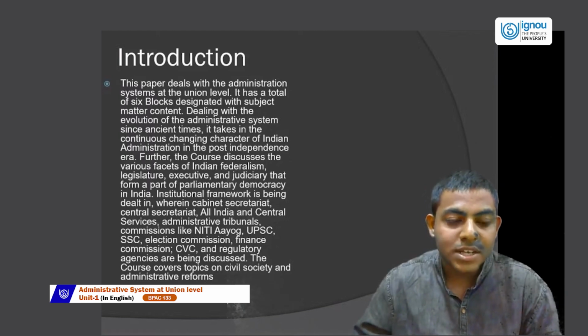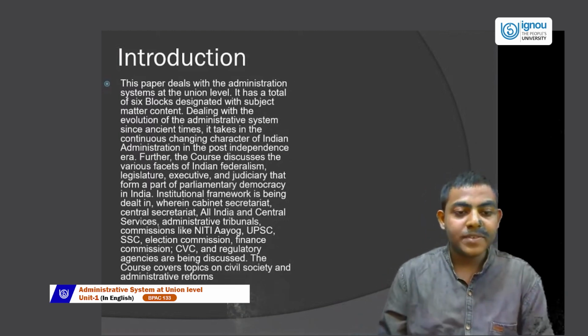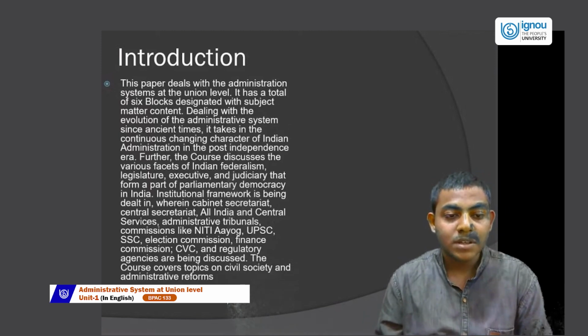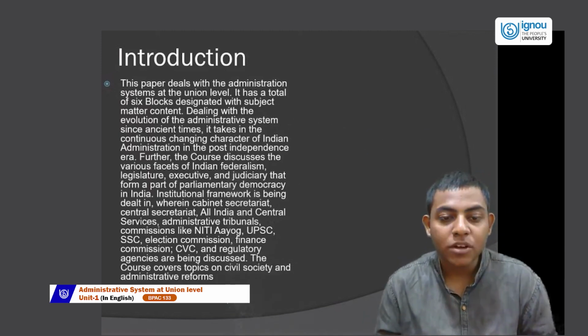We also will discuss in this paper various facets of Indian federalism, legislature, executive, and judiciary that form a part of parliamentary democracy in India.